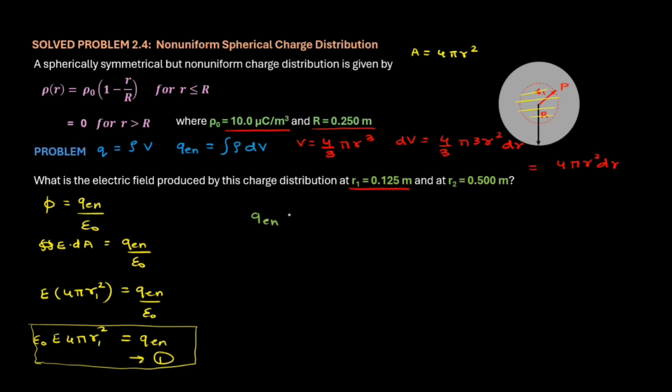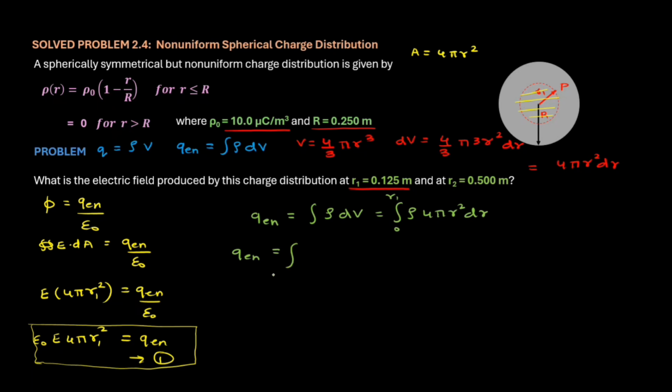So let us solve for charge enclosed. We get Q enclosed equals the integral of rho dV, which is equal to the integral of rho times 4 pi r squared dr. Since we are integrating with respect to r here, we will take the limits from 0 to r1, that means from the center of the sphere to a distance r1. Now let us substitute for rho.